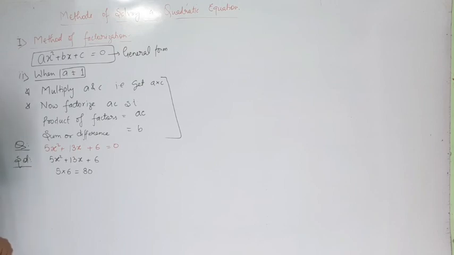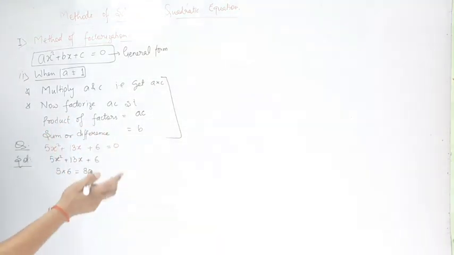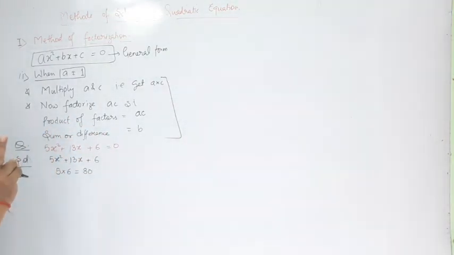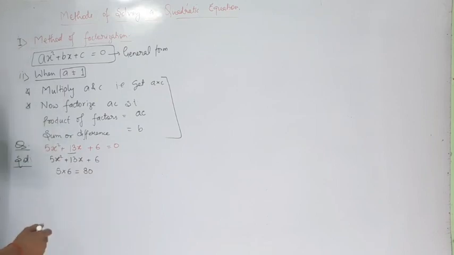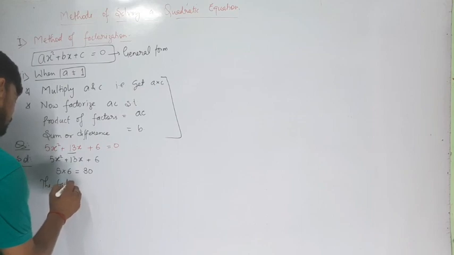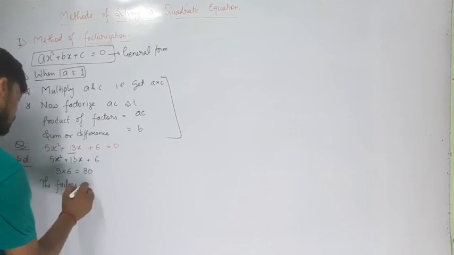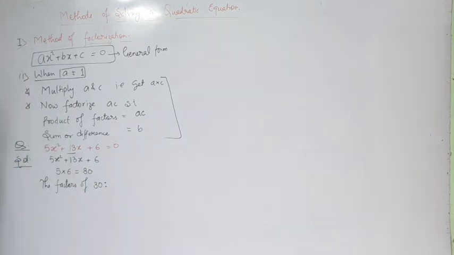We'll get 5 into 6 as 30. Now, this 30 will be having many factors. Among that, 2 factors you need to take that can give you 13. So, let us see the factors of 30. Please tell me what are the factors of 30.